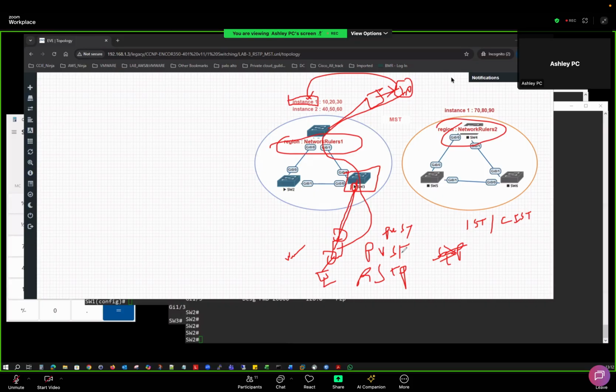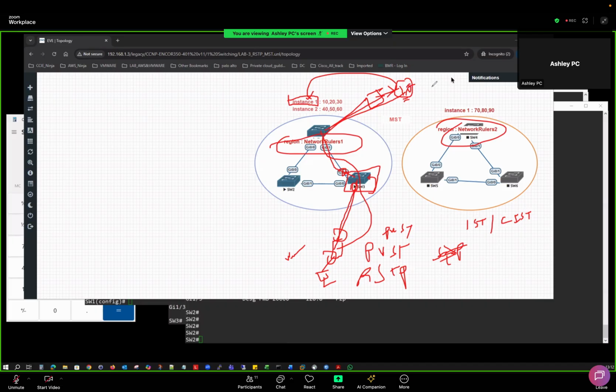Any PVST traffic which comes is going to leak into MST. So whether you have multiple MST instances, in any one of the instances we have VLAN 10. It is going to listen to the BPDU packet from PVST to MSTP, and from this trunk interface it is going to pass over there and then hit that node.